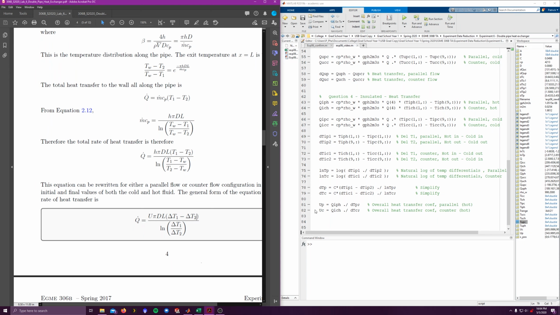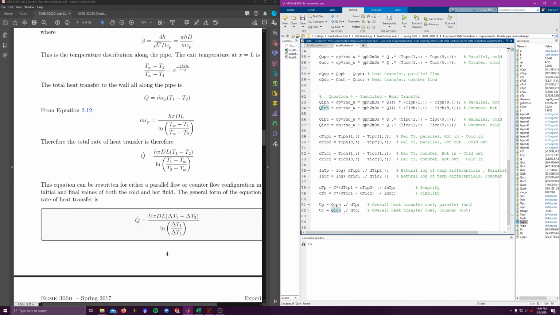To solve for the heat transfer coefficient, U equals Q dot H, remember, the hot fluid, divided by all of what we just simplified. It's a lot of things to keep track of, but hopefully that made sense. Now we just plug in and solve for the overall heat transfer coefficient for both parallel flow and counterflow.